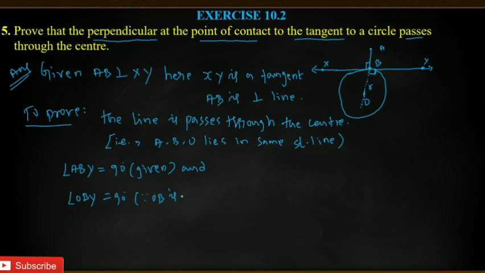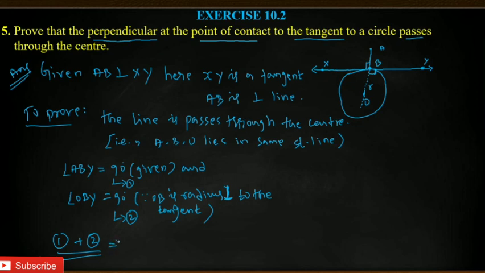OB is a radius, perpendicular to the tangent, because radius is perpendicular to the tangent. We never forget this. That's why these two are 90. You just add these together. Suppose this is answer 1 and this is answer 2. I'm adding answer 1 and answer 2.